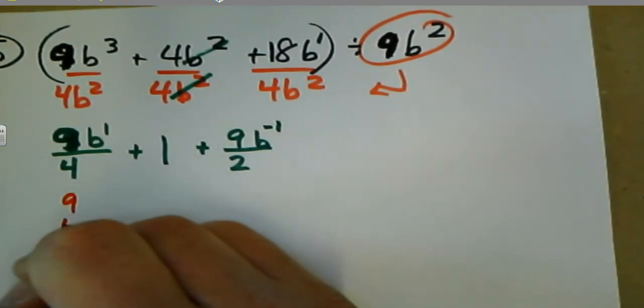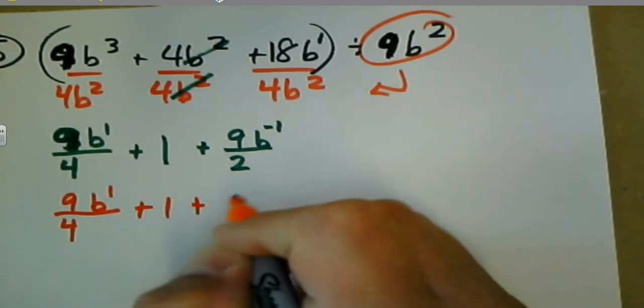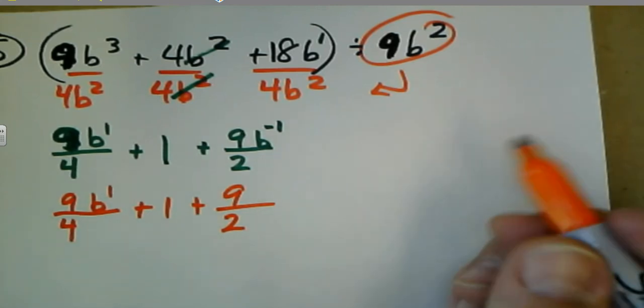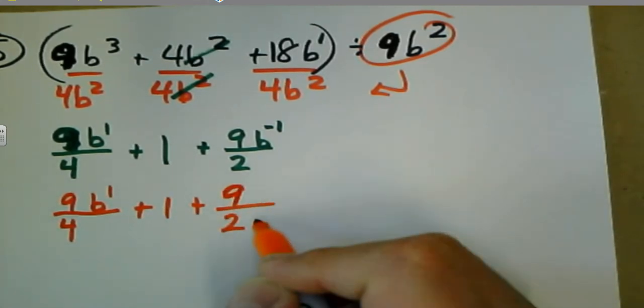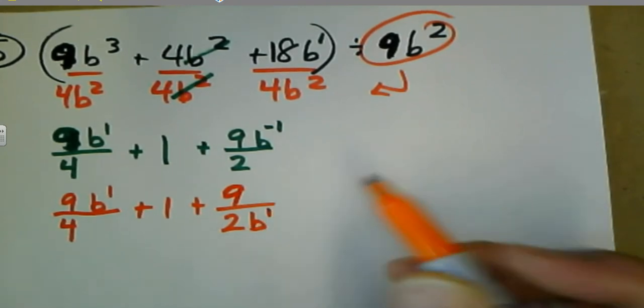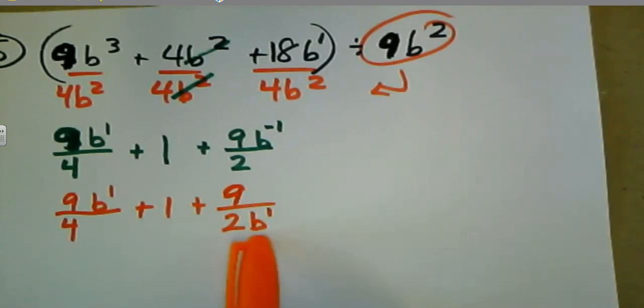So it's going to be 9 over 4 b to the 1 plus 1 plus 9 over 2. And where do we put that negative b? On the bottom, and we make it a what? Positive 1, or just b. By the way, your answer sheet is going to have a b there. We're just putting the ones for reference.